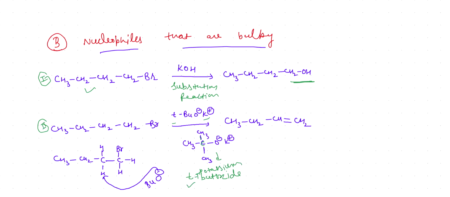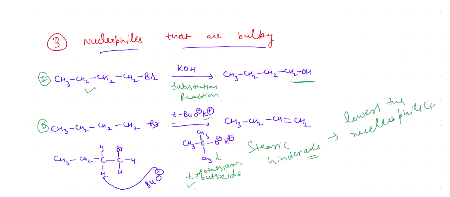Bulky means it produces steric hindrance. If it is producing steric hindrance, then it does not act as a nucleophile. It lowers the nucleophilicity. If we choose bulky molecules, they cause steric hindrance and decrease nucleophilicity.